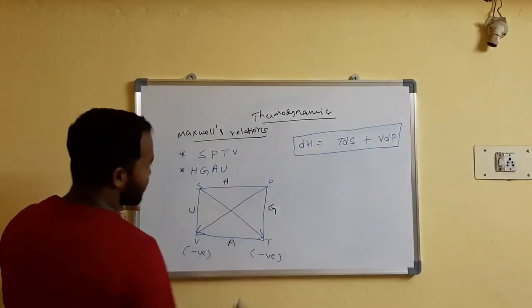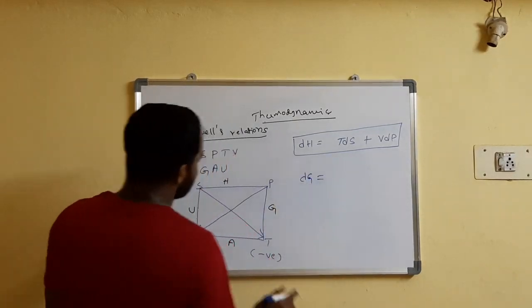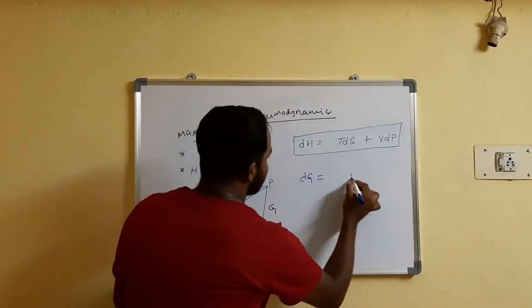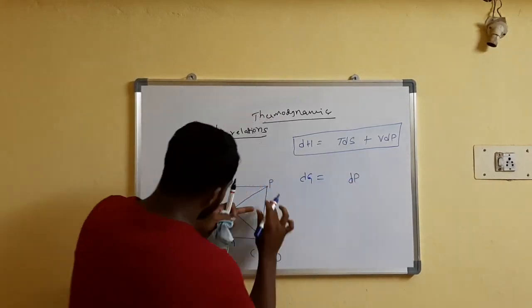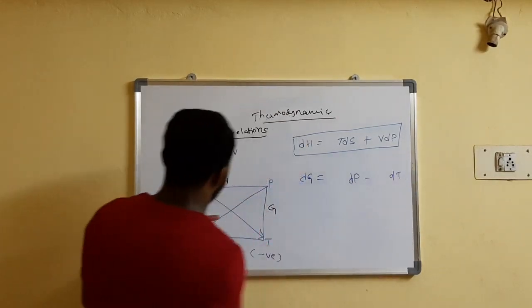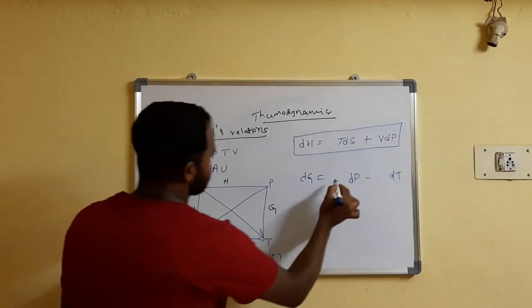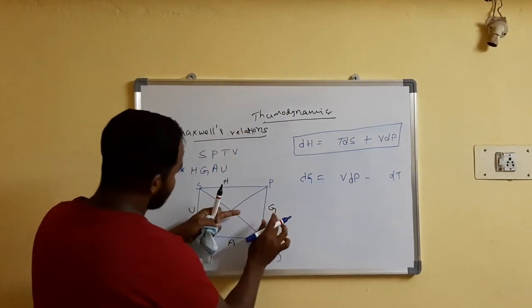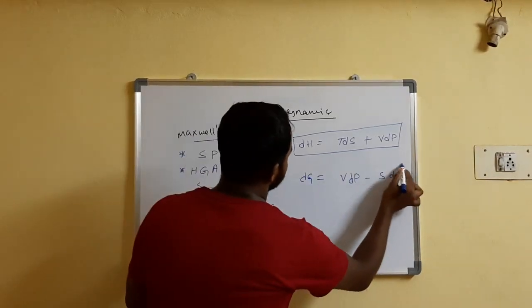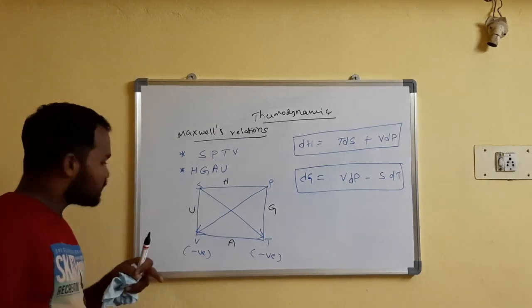So we will go for the second relation, that is dG is equal to, where G is in between dP and dT, right? So I am writing dP and dT, and T contains a negative symbol. From P it goes to V, and T goes to S. So dG is equal to VdP minus SdT.